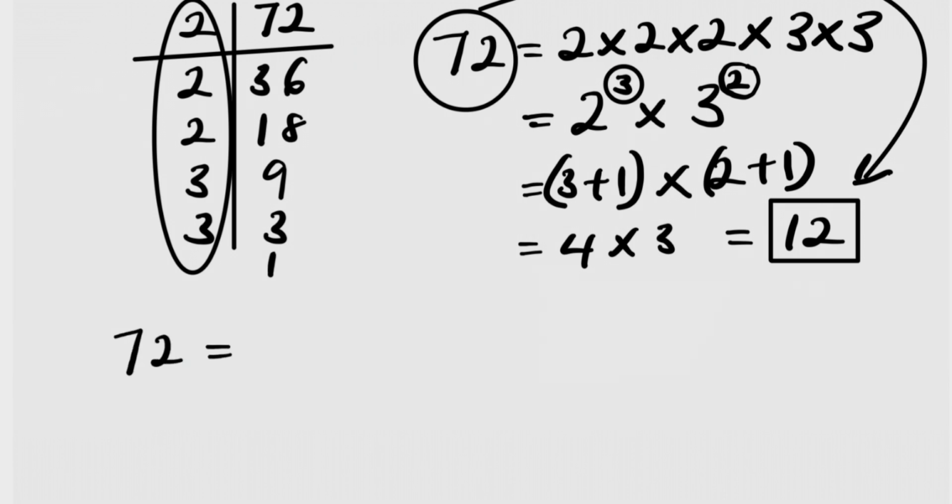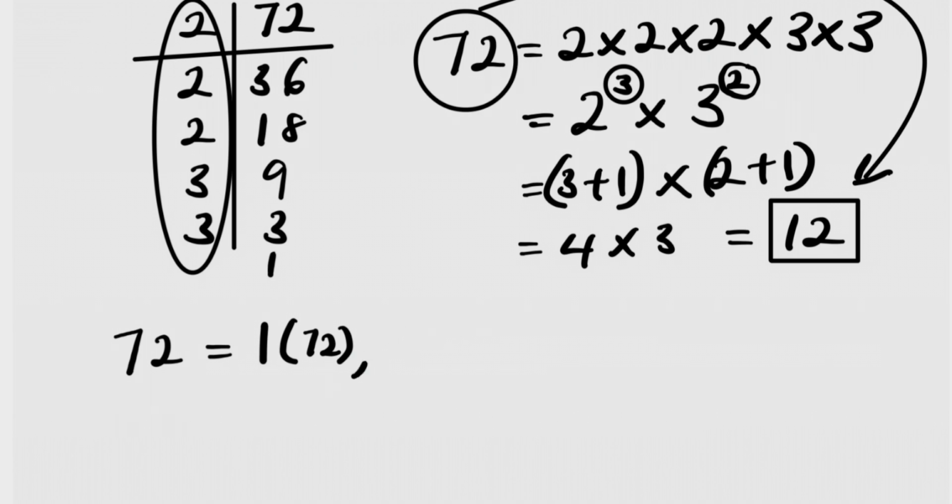The factors of any whole number always begin with 1 and end with the number itself. So we start with 1, but they always come in pairs. So 1 multiplied by what number will give us 72? So this will be 1 multiplied by 72.